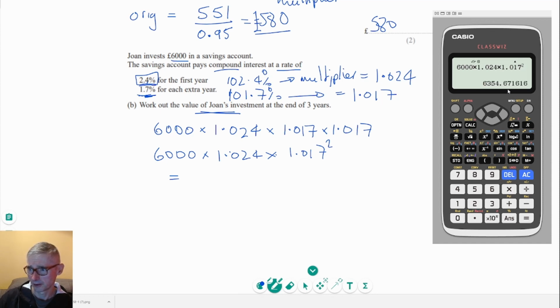So there we go. That's what we're expecting the value of her investment to be after 3 years. 6,354 point, I'm going to round this to 2 decimal places because it's money. So that's the value of Joan's investment after 3 years.